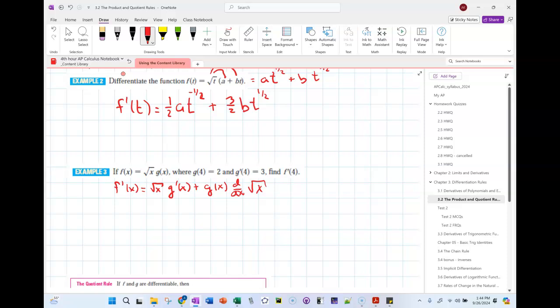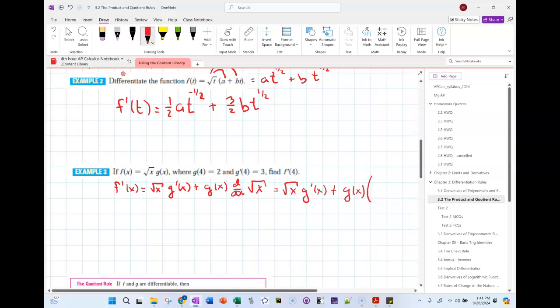But what's the derivative of square root x? One half. There's probably some more to that though, right? One half x to the negative 1/2. Everybody's okay there?